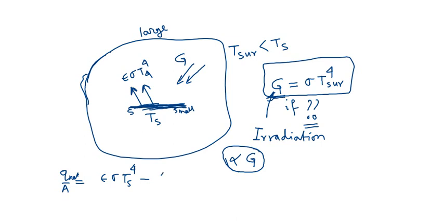It will absorb alpha into G. And now you simply replace this G by sigma into T surrounding to the power 4.